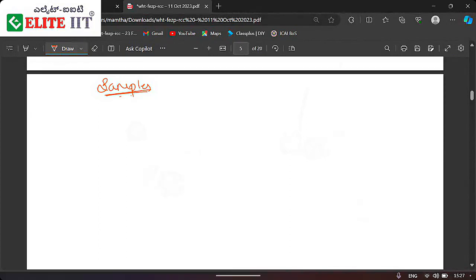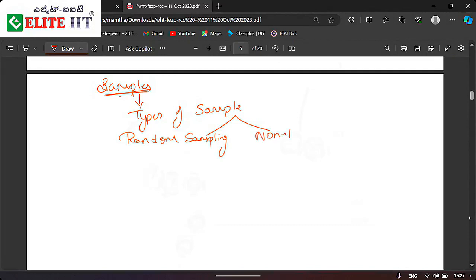Types of sample are divided into two broad categories: random sampling, also called probability sampling, and non-random sampling, also called non-probability sampling.